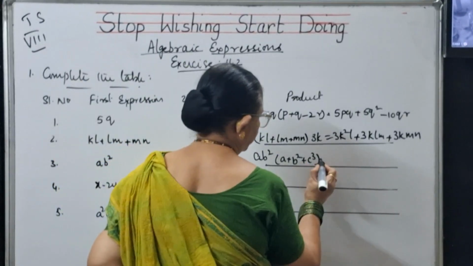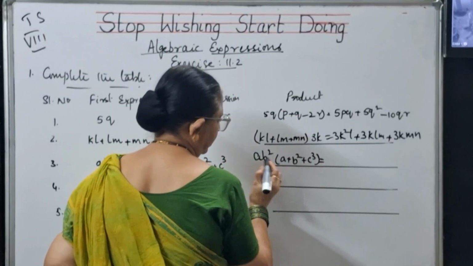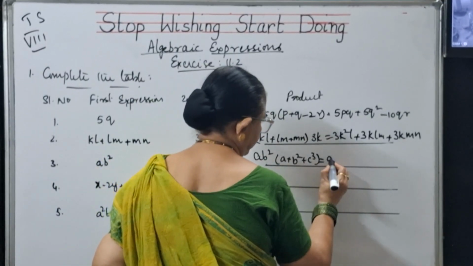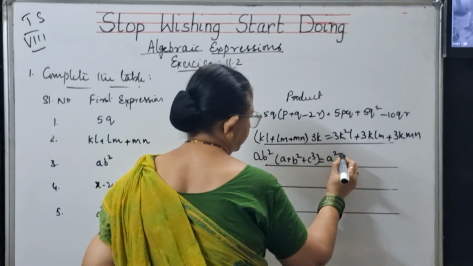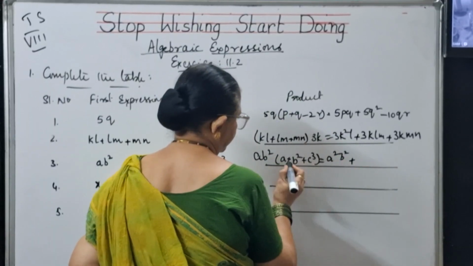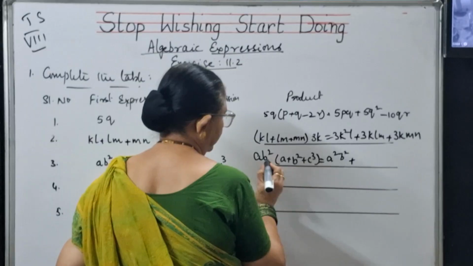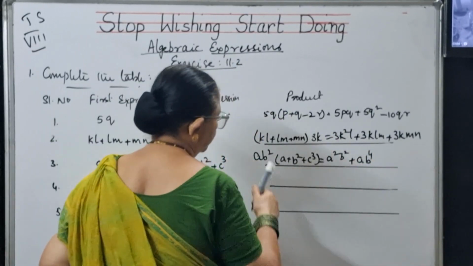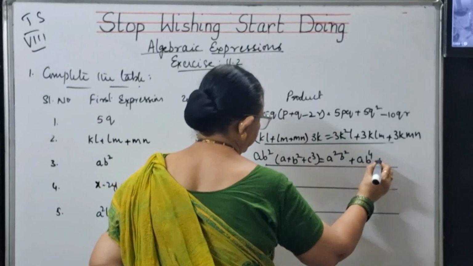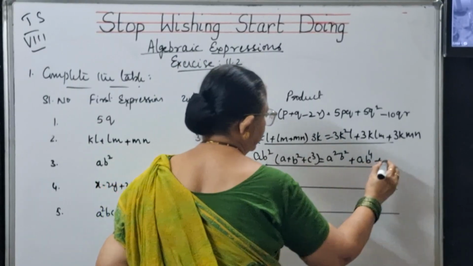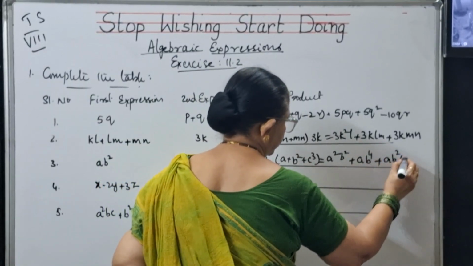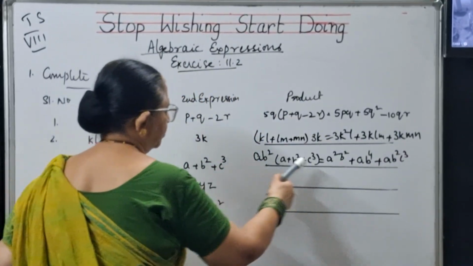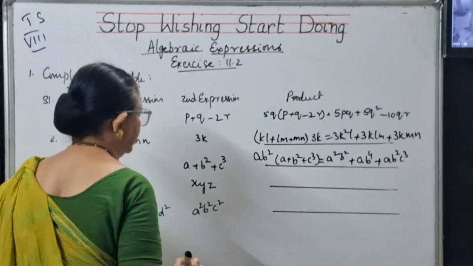This is equal to, so ab square into a: a into a is a square, b square, plus a into b to the power of 4, plus ab square c cube. Directly we will write because there is nothing common to add the powers.